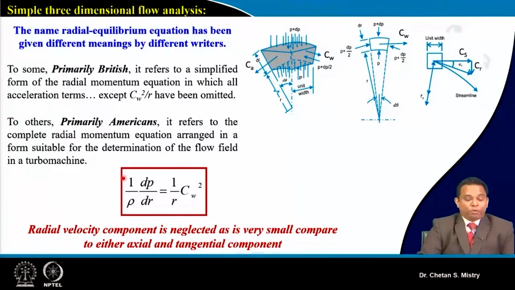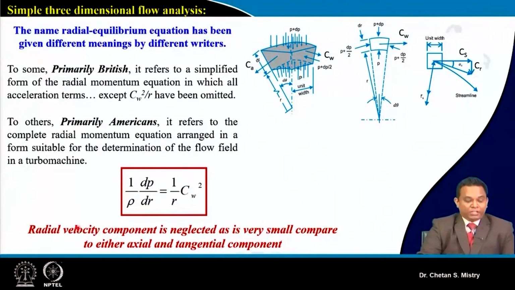So now if you look at it, this is my fundamental equation, which we say is the radial equilibrium equation. Now you will get surprised: we started talking about our radial velocity component, and we are interested in analyzing our flow for three-dimensionality, but if you look at the equation, nowhere are we getting Cr.